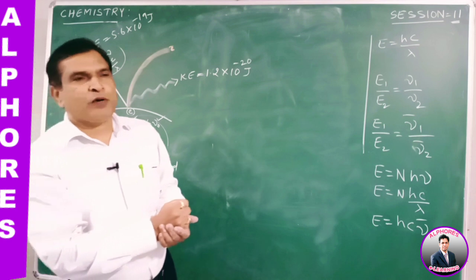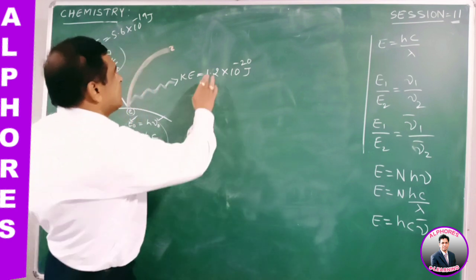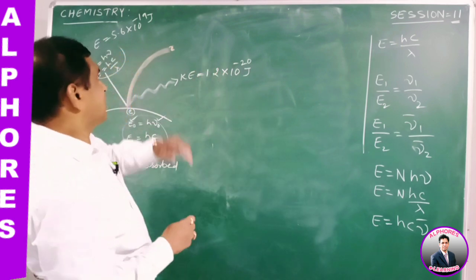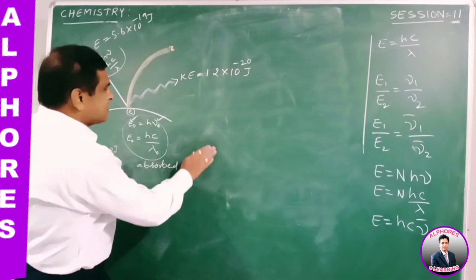For easy calculation, let us make it not 1.2 but 12 into 10 to the power minus 20. Now we have to calculate the work function.